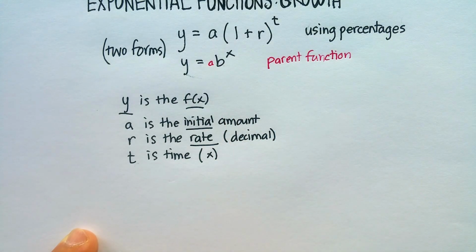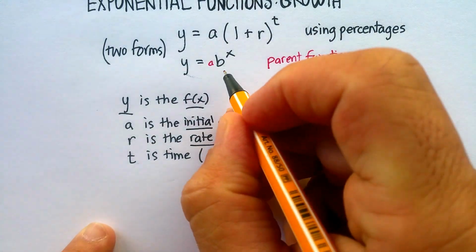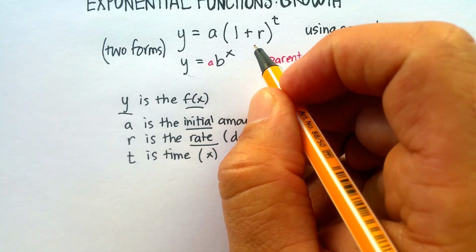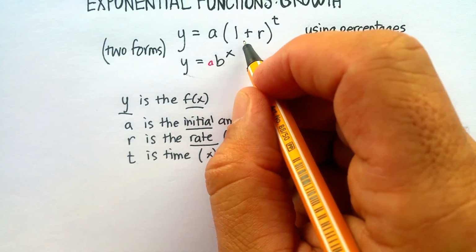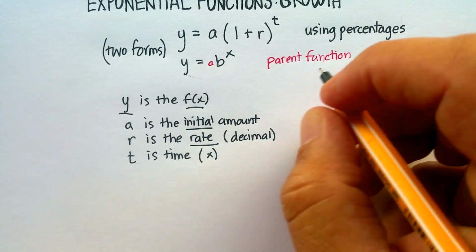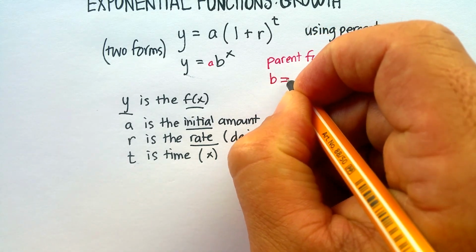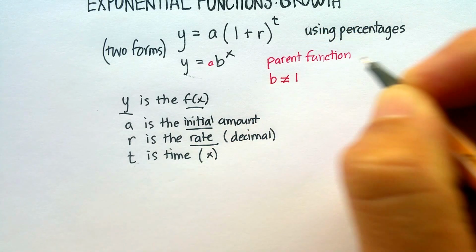All right. Now, let's keep going. The 1 plus r, or the base, is pretty much this number right here. Okay? Now, there are some conditions with b. b cannot equal just 1, right?